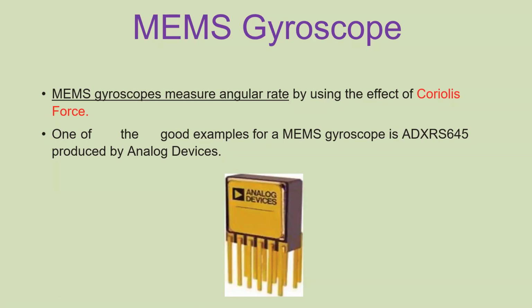That means micro-level size, and these are electromechanical systems. That means there are moving parts and electricity is involved in these things. In the previous gyroscope, there was no electricity involved. It just used the physical motion, the principle of conservation of momentum, to measure the orientation.